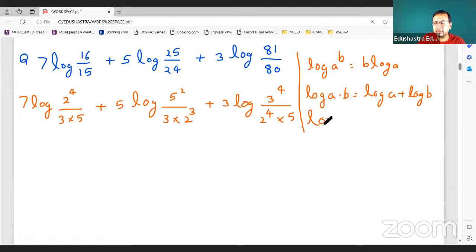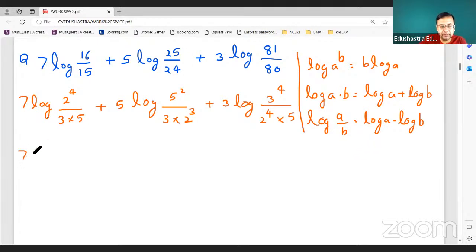If I say log A by B, this is log A minus log B, right? So I suppose these are the formulae which will be applied into this. If there is someone else, I'll write, right? Okay. So just open up and start solving.